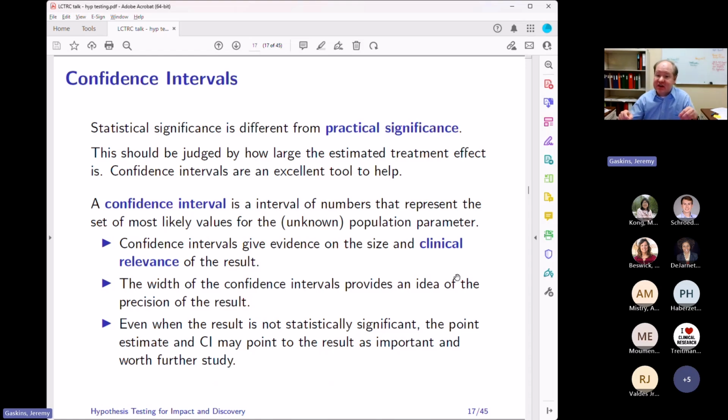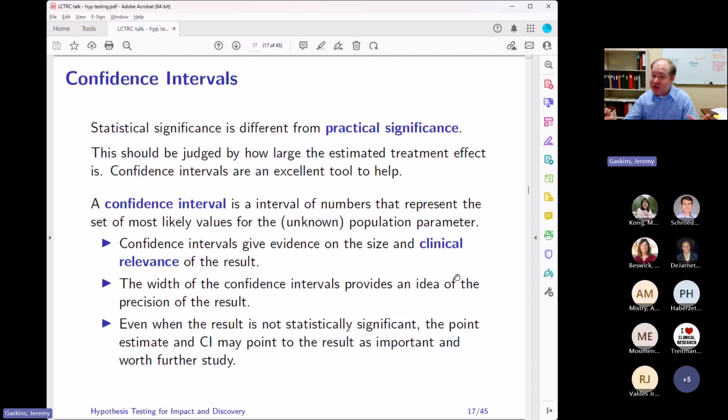And so confidence intervals are a good tool to help with this, and are arguably the best tool, and more informative than running the hypothesis test. I would encourage us to basically always include the confidence interval with our hypothesis test, at least as much as we can. What do I mean by a confidence interval?